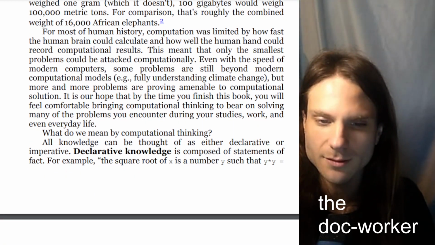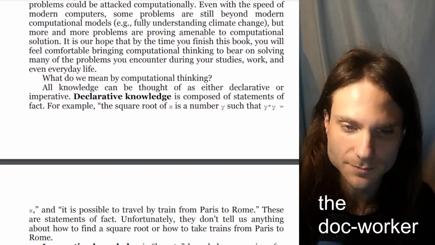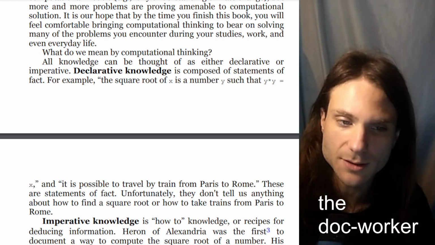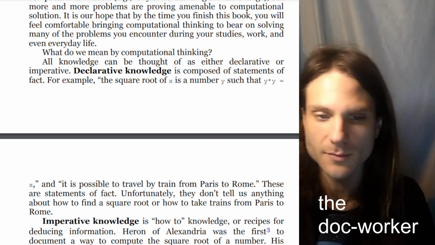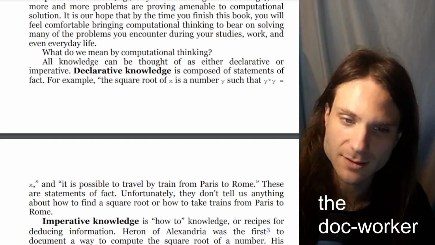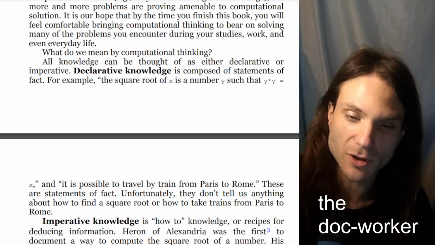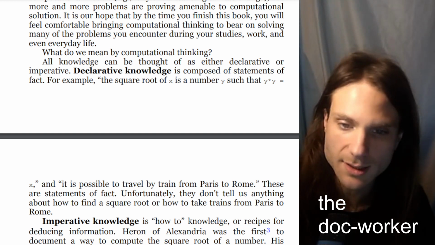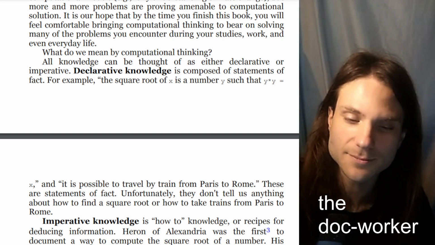Now, what do we mean by computational thinking? All knowledge can be thought of as either declarative or imperative. Declarative knowledge is composed of statements of fact. For example, the square root of x is a number y such that y times y equals x.